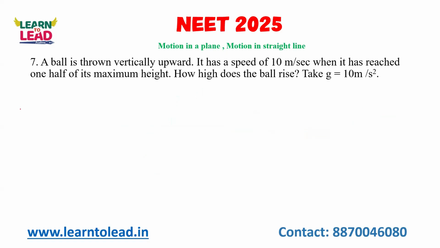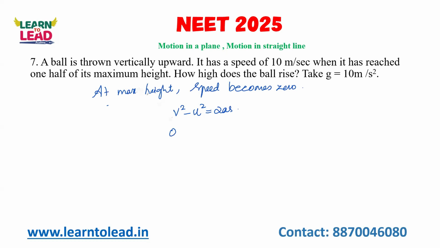Now, a ball is thrown vertically upward. It has a speed of 10 meter per second and it has reached 1/2 its maximum height. See, at maximum height, at one instant, you should know that the speed becomes 0. So v square minus u square is equal to 0 units.